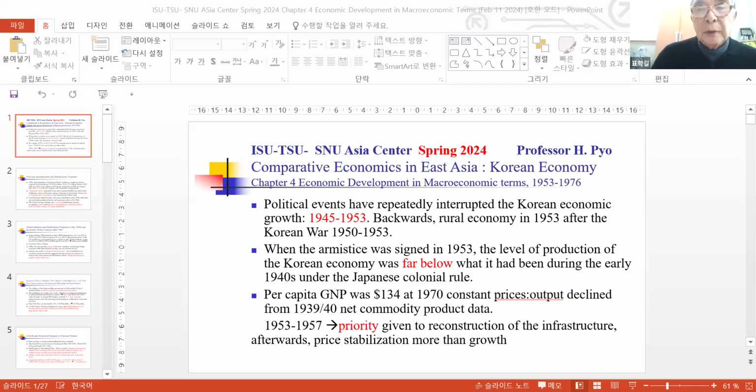So probably today's lecture, the second half, will be devoted to the growth accounting technique and an explanation of how you interpret it.